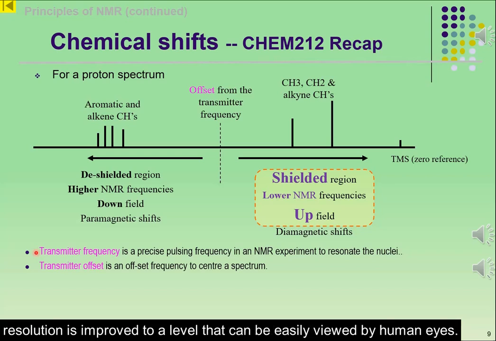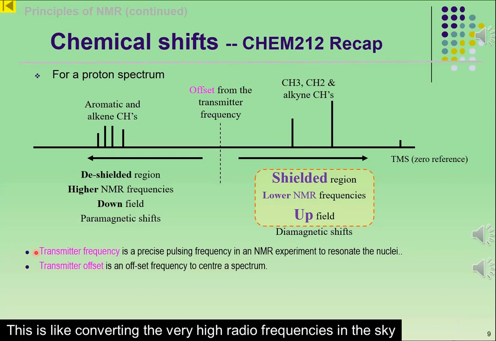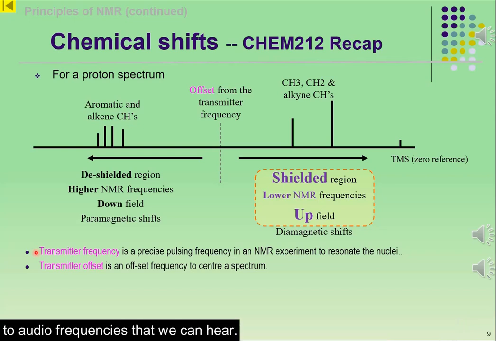So that the spectral resolution is improved to a level that can be easily viewed by human eyes. This is like converting the very high radio frequencies in the sky to audio frequencies that we can hear.